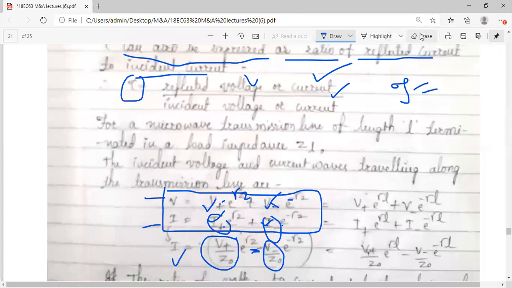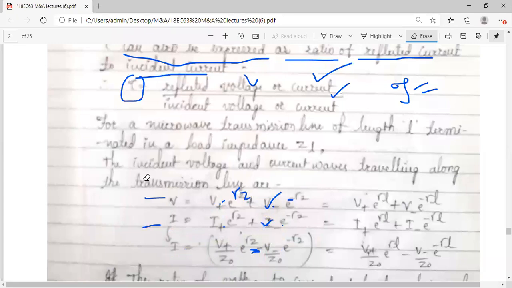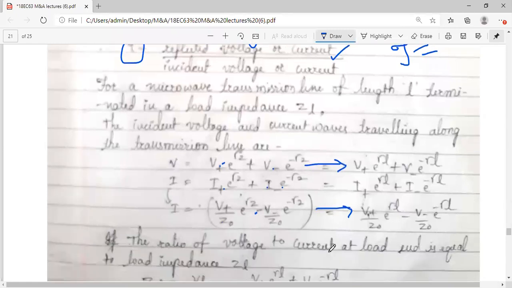Let me show you which two equations we are going to take. I have written three equations here. Out of the three, this is the first equation which we are going to take, and the second, we don't take this. Let us take this equation. These pair of equations we will take into consideration.